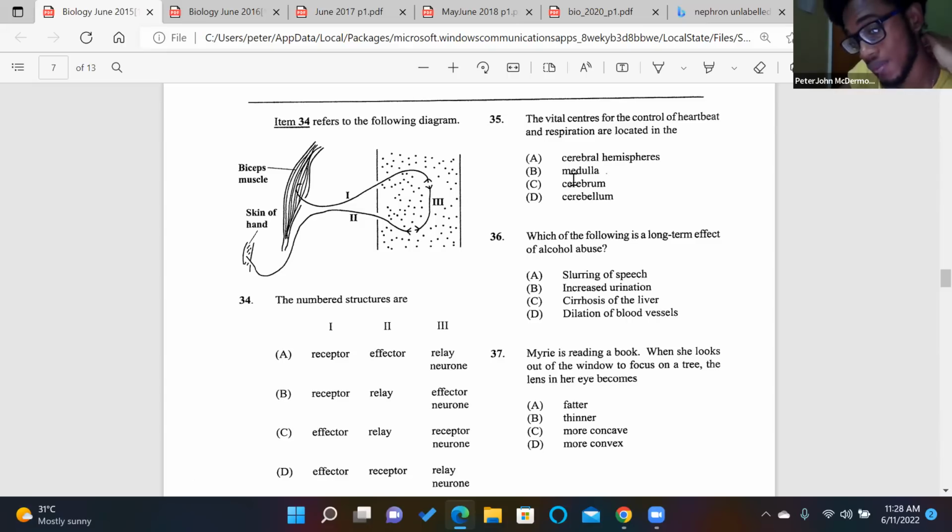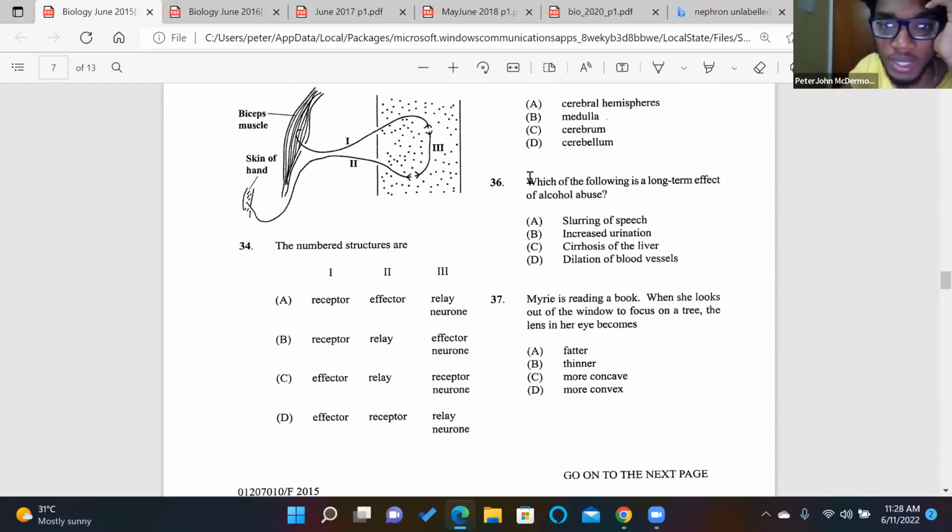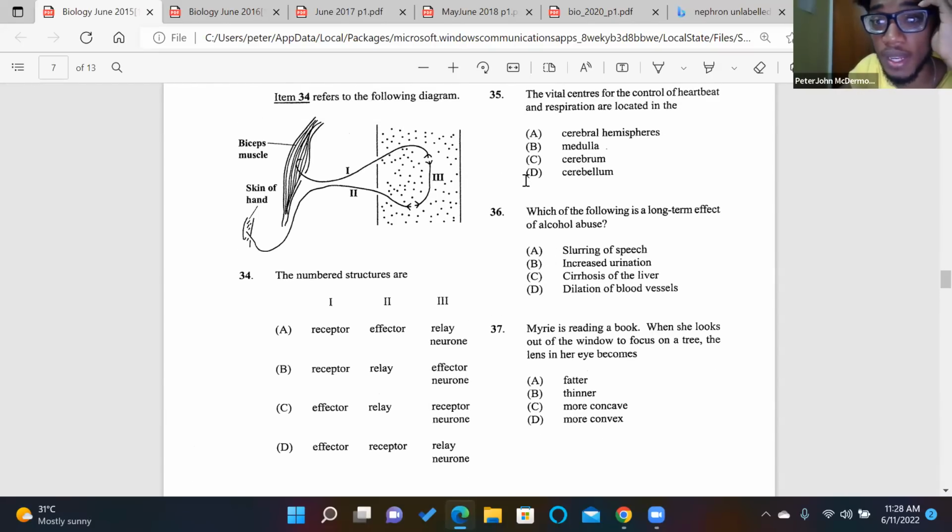So the medulla is concerned with all these things, heartbeat, respiration, stuff having to do with your vasculature, right? So yeah, that's what your medulla is used for.